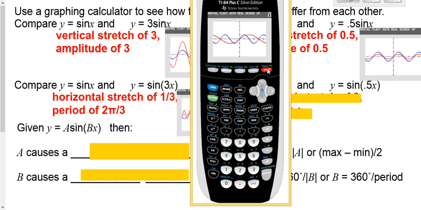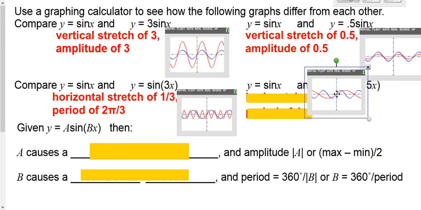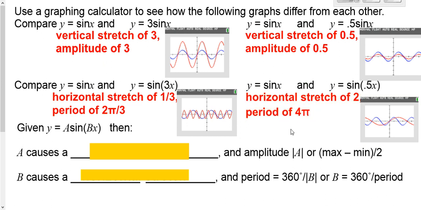Now, it normally goes up, down, up for a full period. But here we go one full period for the blue, a second full period for the blue, and that's what it is for one full period of the red. So in other words, the red is twice as wide as the blue. So it does a horizontal stretch of 2. And that makes our period then twice as long. So our period then will be 4 pi.